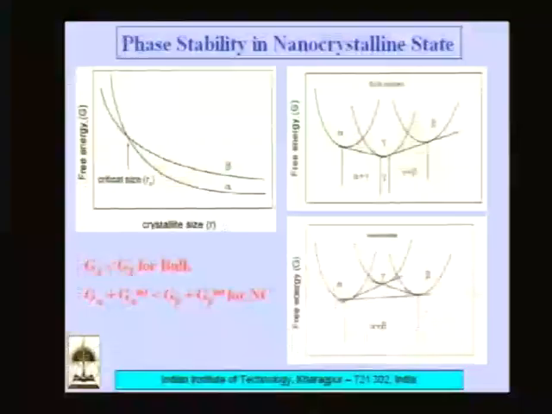Okay? So, when you keep on decreasing the crystallite size, the rate at which the free energy increases with decreasing crystallite size is a function of the interfacial energy or the surface energy. So, if a particular phase has a high surface energy, you will see its free energy rises very rapidly when compared to another phase which has a lower interfacial energy, and you come across a critical point where the free energy of both the phases become equal, and below that particular crystallite size you will see the phase with a lower interfacial energy becomes more stable than a phase with a higher interfacial energy.